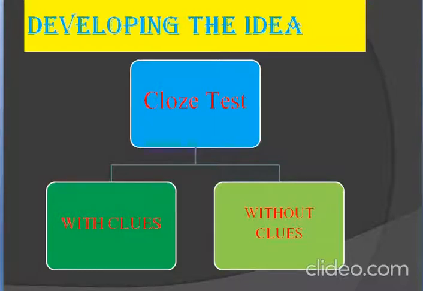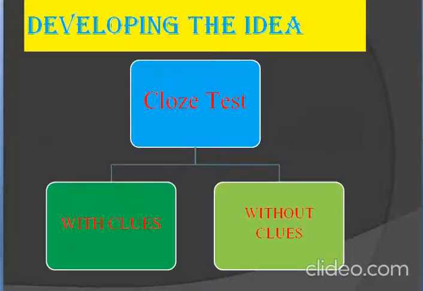My dear students, now I am giving you some instructions so that you can develop your idea regarding the topics. You know that cloze test with clues and without clues are very difficult for you. But I am telling you that all the rules are the same for these two topics, except one little difference.